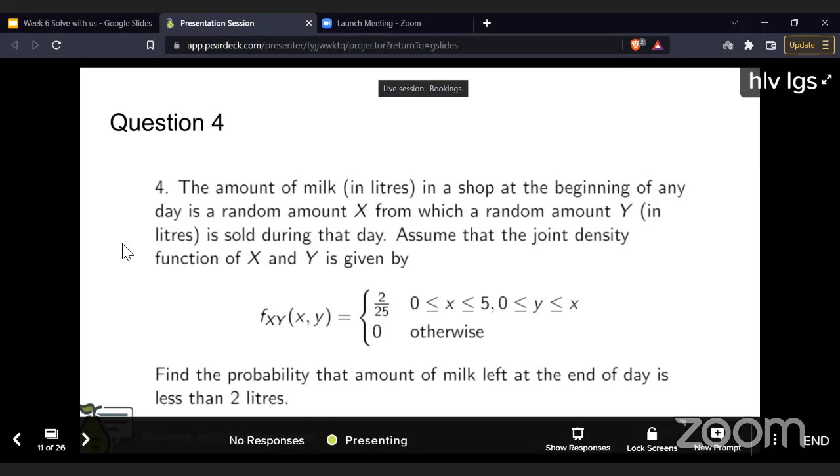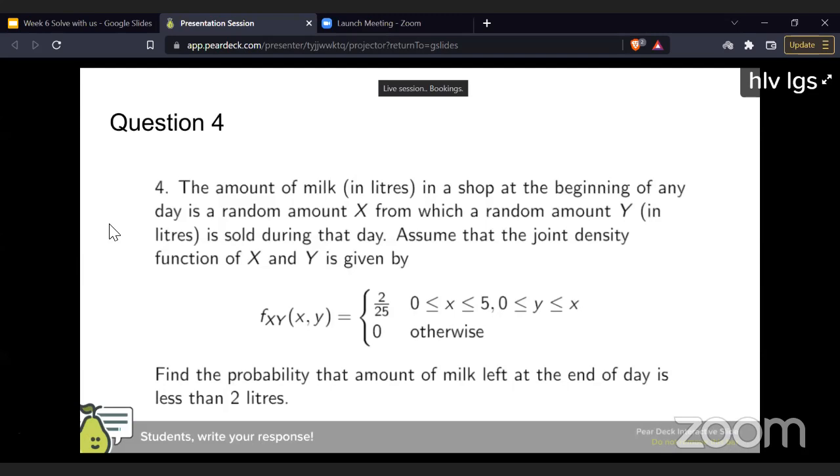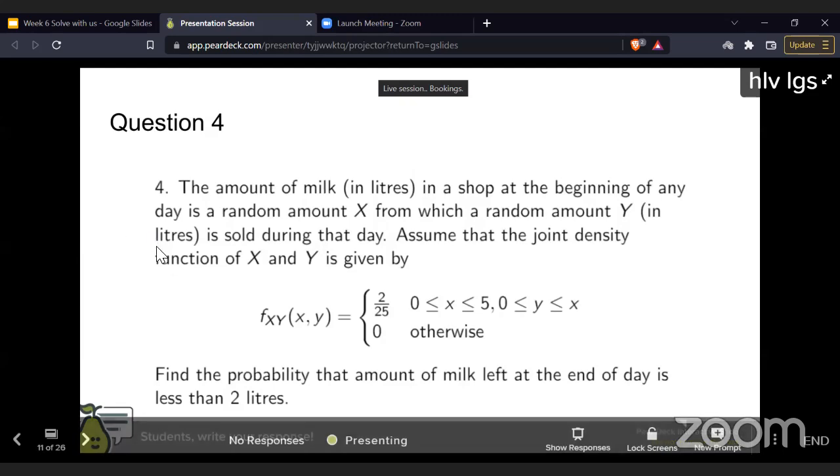This is the fourth problem. The amount of milk in a shop at the beginning of any day is a random amount X, from which a random amount Y is sold during that day. So at the beginning of the day, you had some random amount X of milk, and out of that X, you have sold Y on that day.